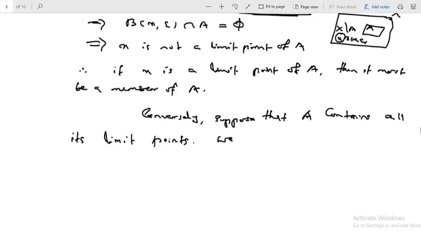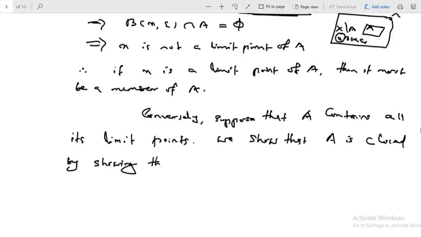That is, we show that A is closed. But A closed എന്നുള്ള definition അനുസരിച്ച് X difference A open എന്നാണ് സാധ്യത. By showing that X difference A is open.